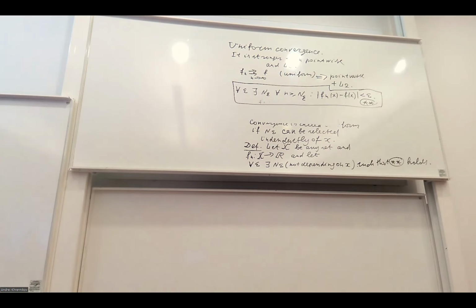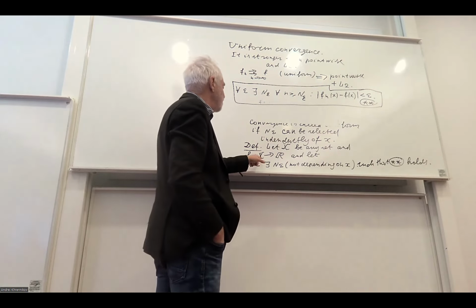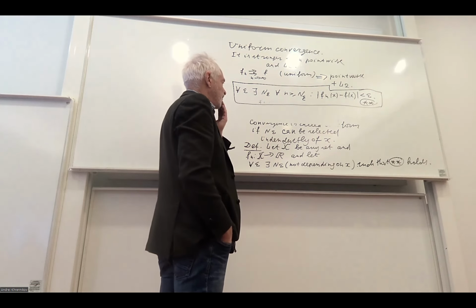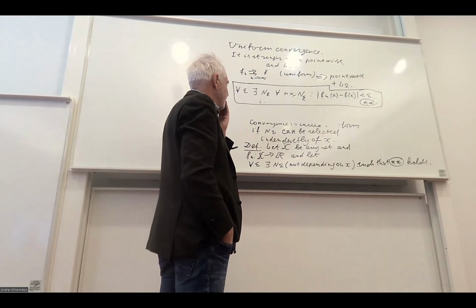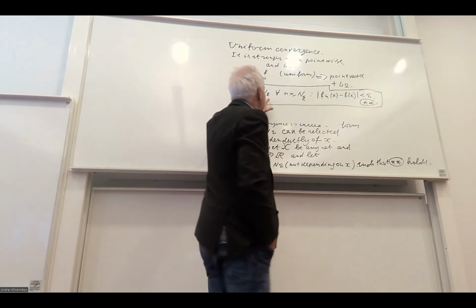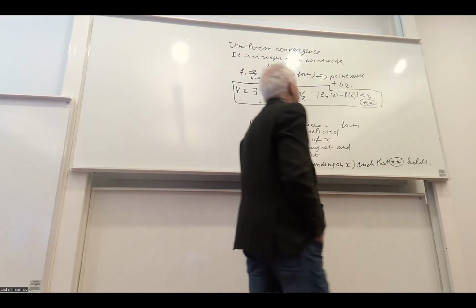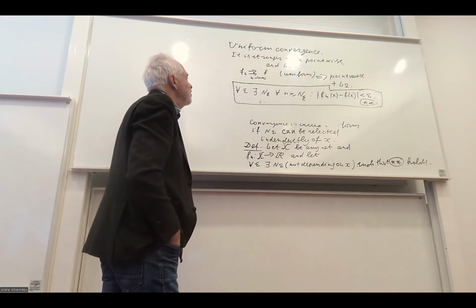First of all, the sequence of functions now can be on any set. We don't need to have it on the real line. Values are still in the real line. So this is the definition of uniform convergence. For any epsilon, there exists a number not depending on x, and we have this for any x.